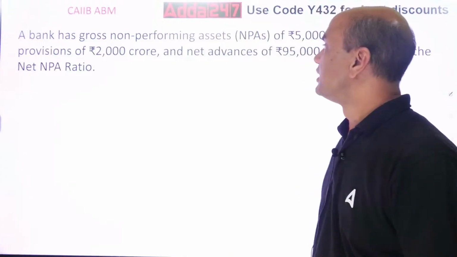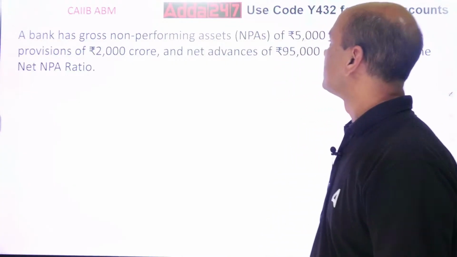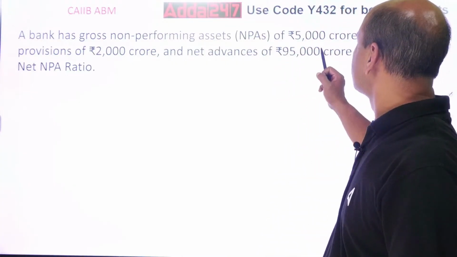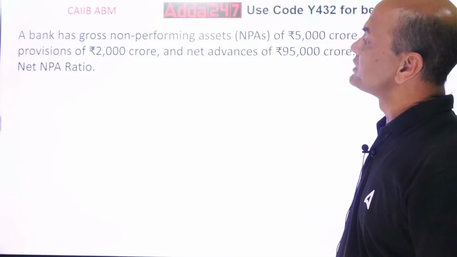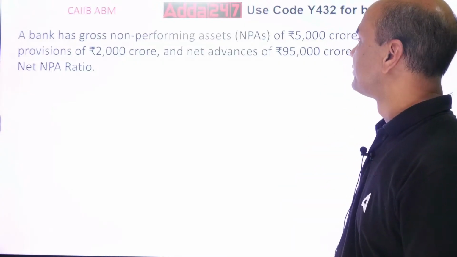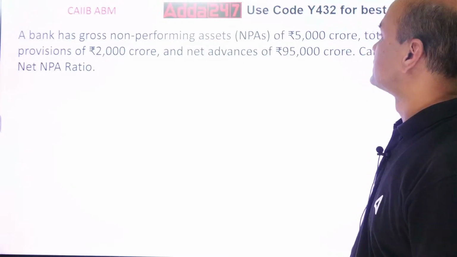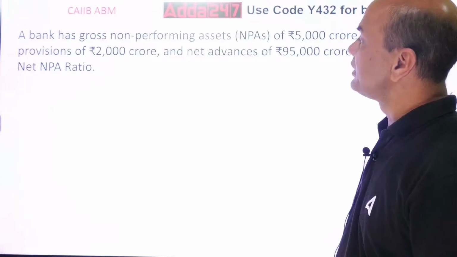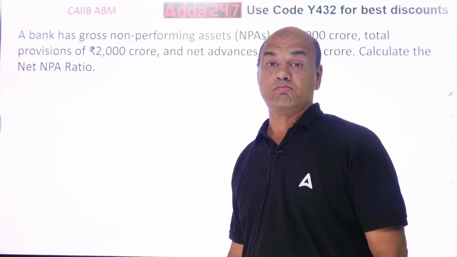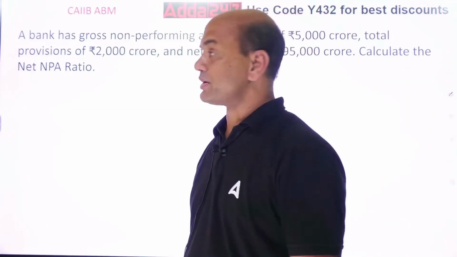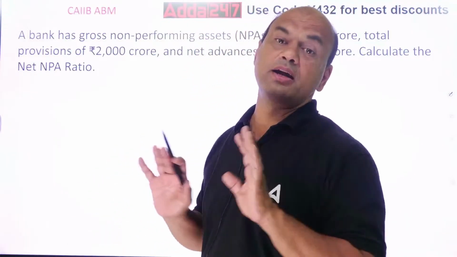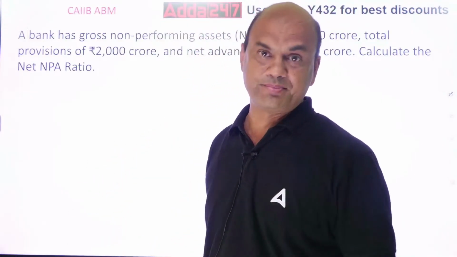A bank has a gross non-performing asset of 5,000 crores, total provision of 2,000 crores, and net advances of 95,000 crores. Calculate the net NPA ratio. This is also very important. Firstly, understand the meaning of net NPA.